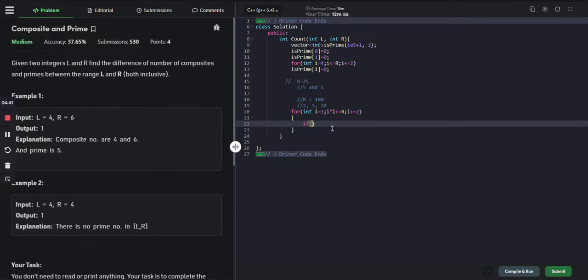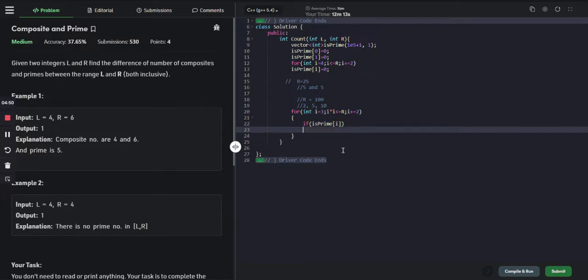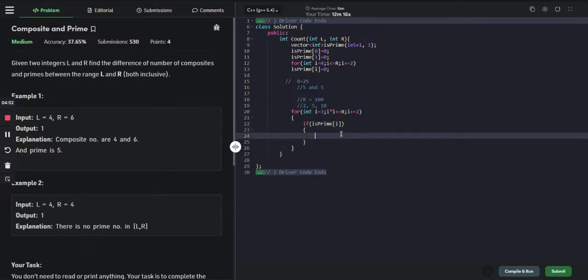Now we can start iterating for all the multiples. First we need to check if this i, for example we are at 3 currently, is prime. If i is prime, then we need to mark all the multiples of this prime number as composite numbers.